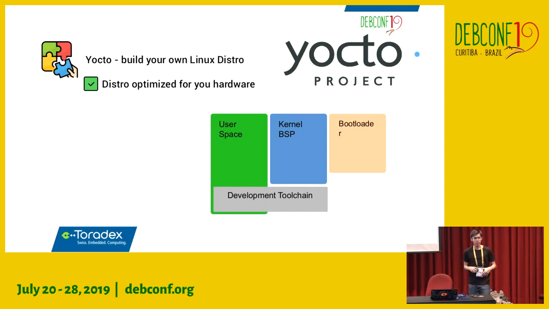We have to write these recipes to configure everything you need for your application, right? The pro is that you have a distro optimized for your hardware, but the weak point is the learning curve. You have a high learning curve to make these configurations, these recipes, with the Yocto project, right?